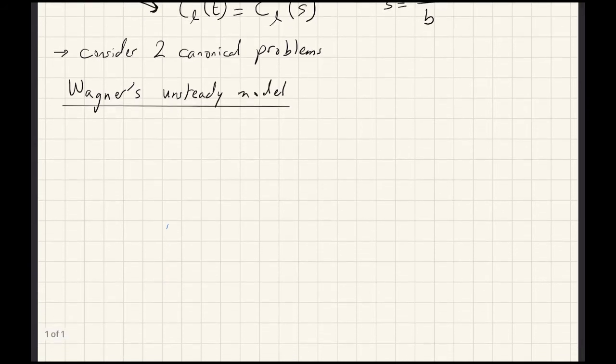In this model, we basically are trying to solve for the lift coefficient for a wing that has a step input of either free stream velocity or alpha.